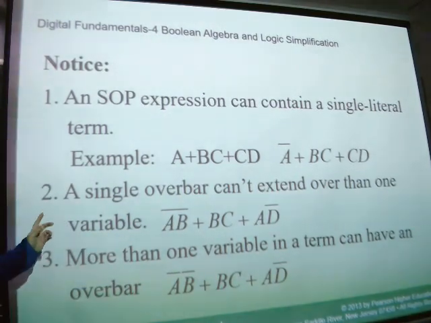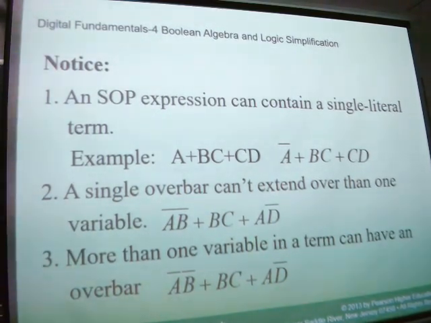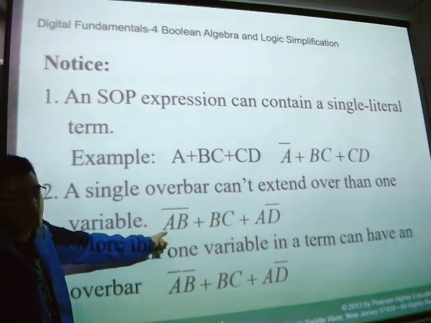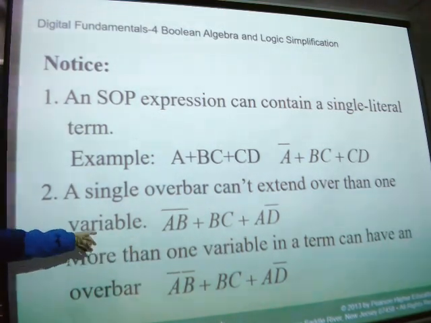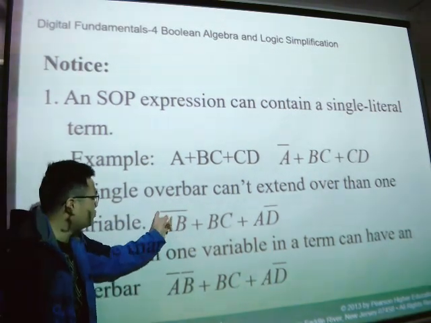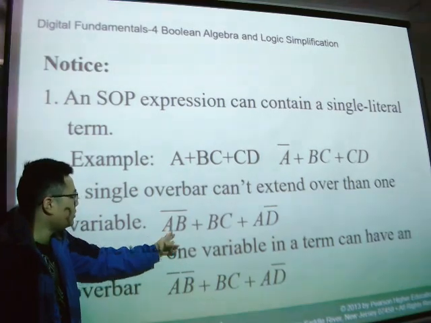So if the expression is A bar B bar plus BC plus A B bar, then it is SOP. But this cannot be regarded as SOP. Understand? An overbar can extend over only one variable.